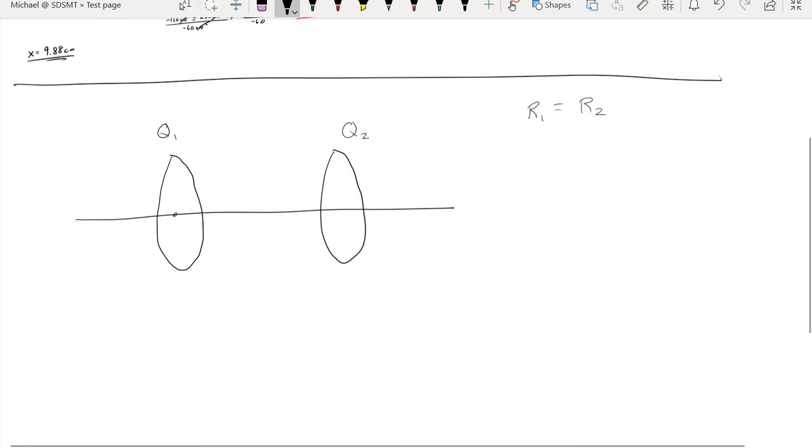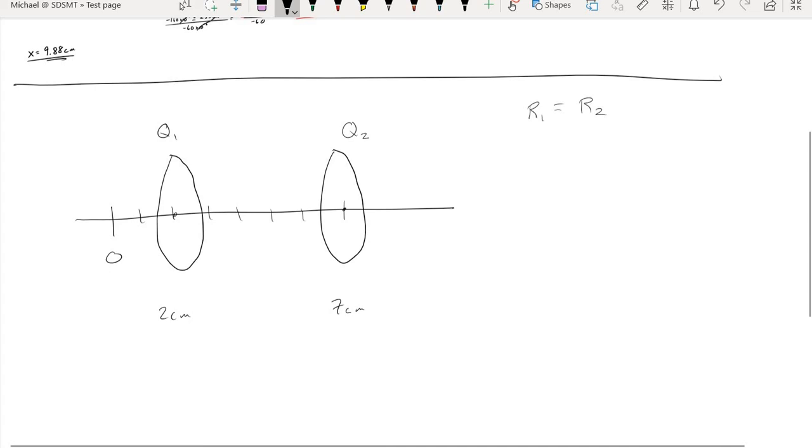And we'll say that ring 1 is currently centered at the 2 centimeter mark. Ring 2 is currently centered at the 7 centimeter mark.